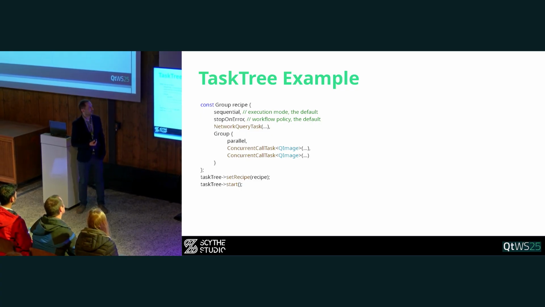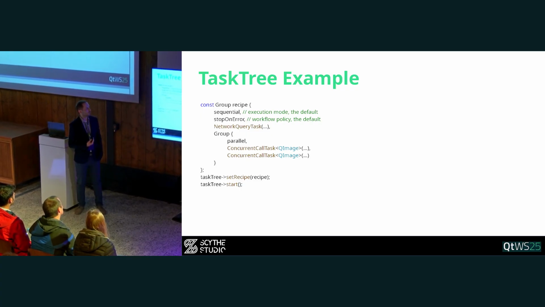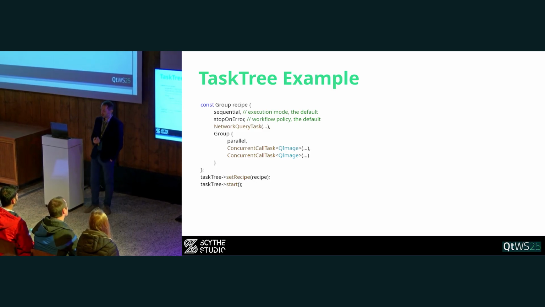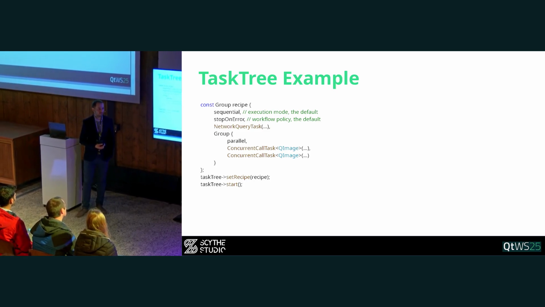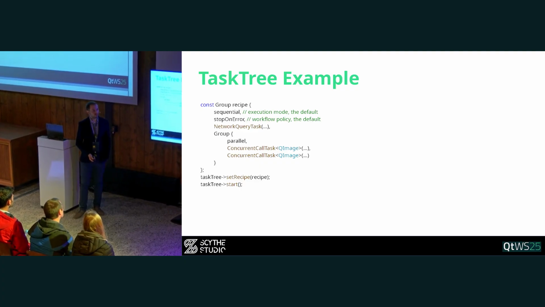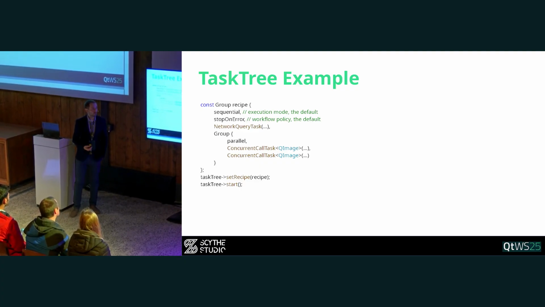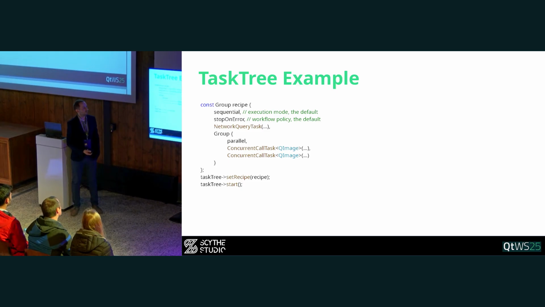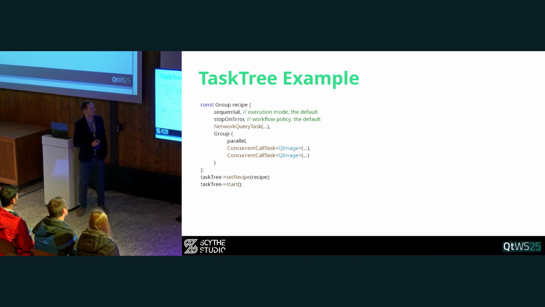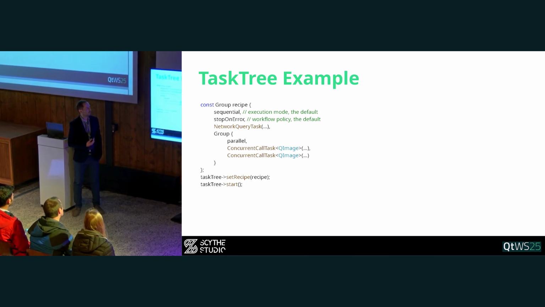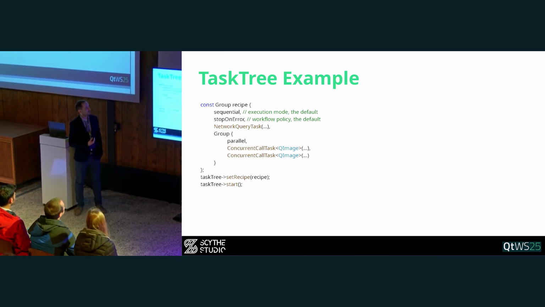The second parameter, in this case stopOnError, is an optional workflow policy. Stopping on error is the default behavior, but you can also specify that you want to continue on error, or that you want to stop on success. There are quite a few possible values here. And later we specify the first task. In this example, it's called NetworkQueryTask.